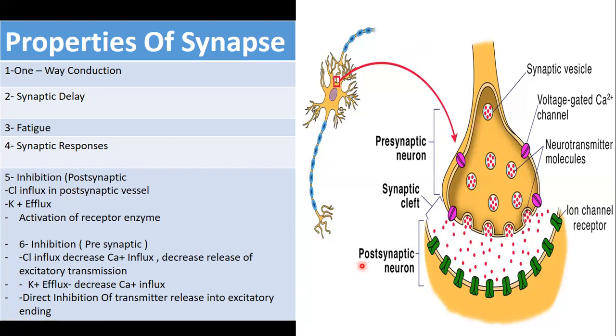Inhibition can be postsynaptic or presynaptic. How does inhibition take place in the postsynaptic part? If we have the calcium influx in the postsynaptic part, with calcium coming in through the ion channel receptors, then automatically there is an efflux.